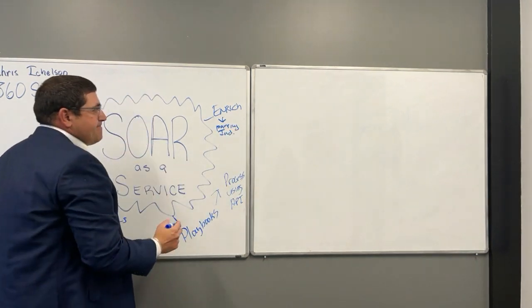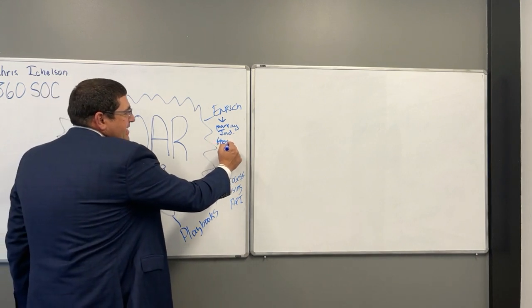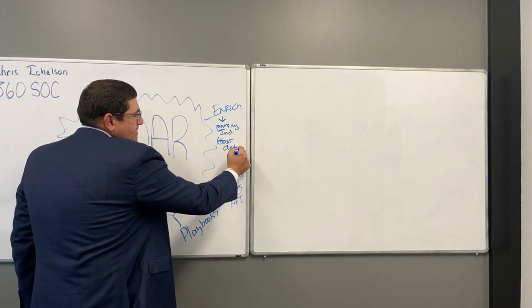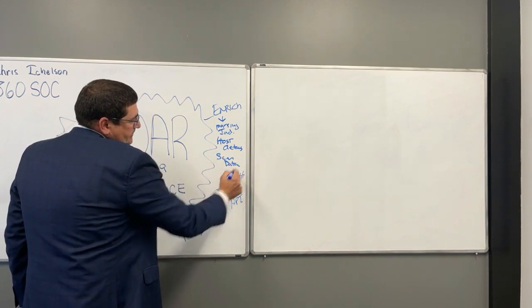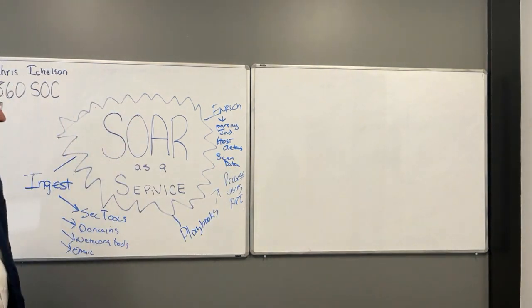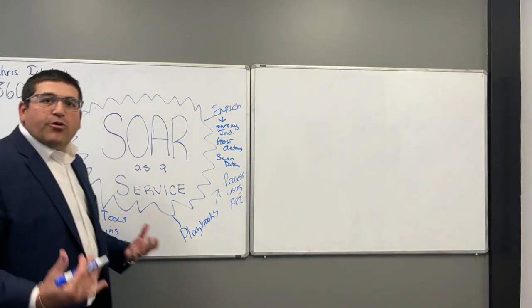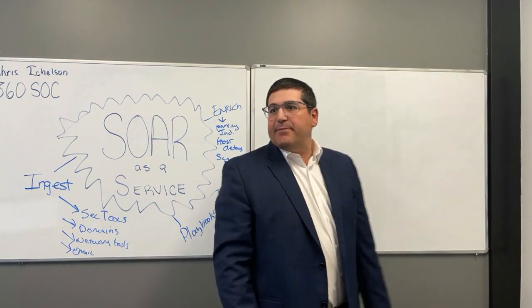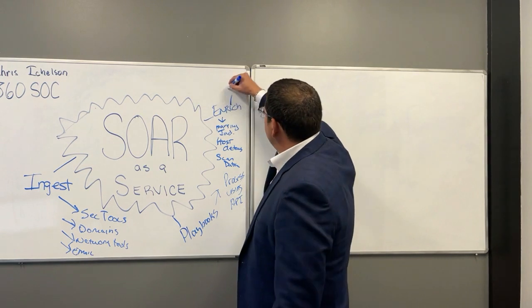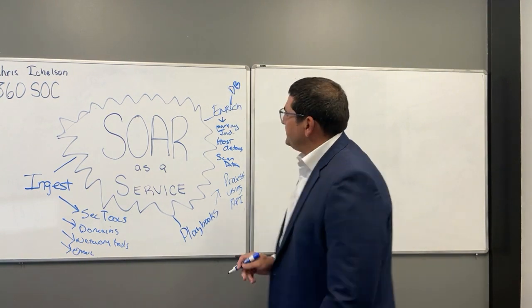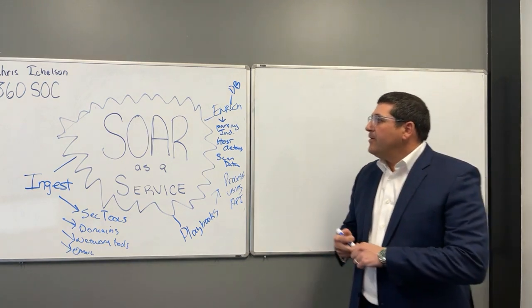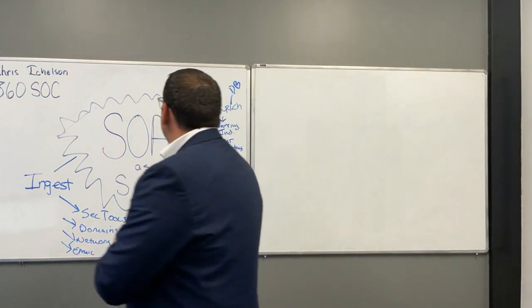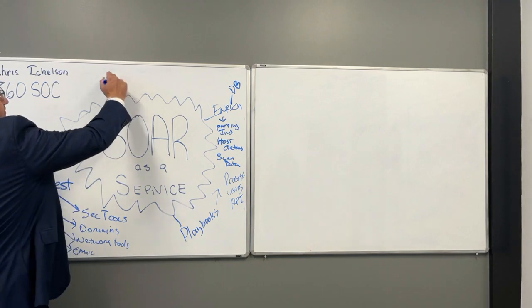It could be adding host details, scan data, file data, historical database lookups, to name a few, DB lookups. Once we enrich the alert, we're going to have to start down the path of investigation.